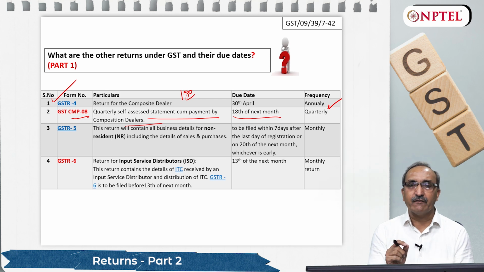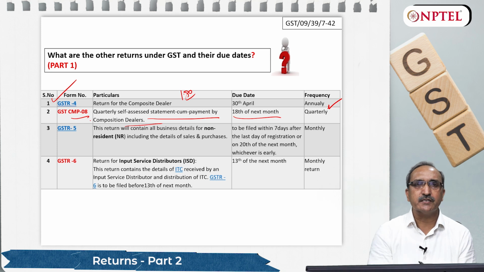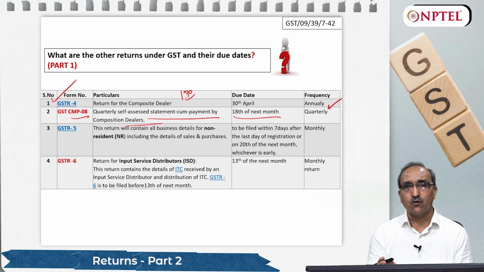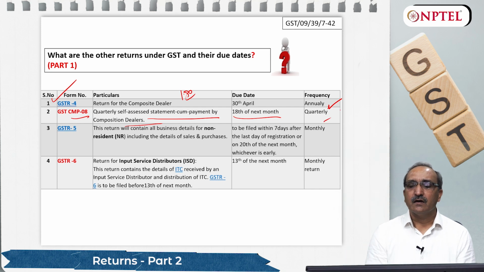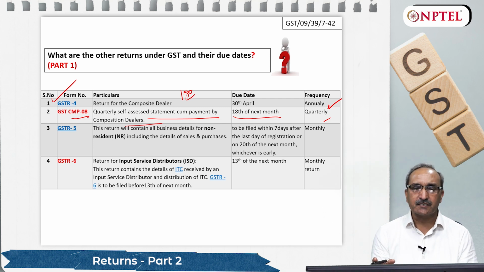One is the quarterly return every quarter in form GST CMP-08, declaring his turnover and paying tax accordingly every quarter by 18th of the next month. So if we are talking about the April, May, June quarter, he will calculate his total turnover, calculate his tax liability at the rate of 1%, 5% as the case may be, and deposit that tax by 18th of the next month.